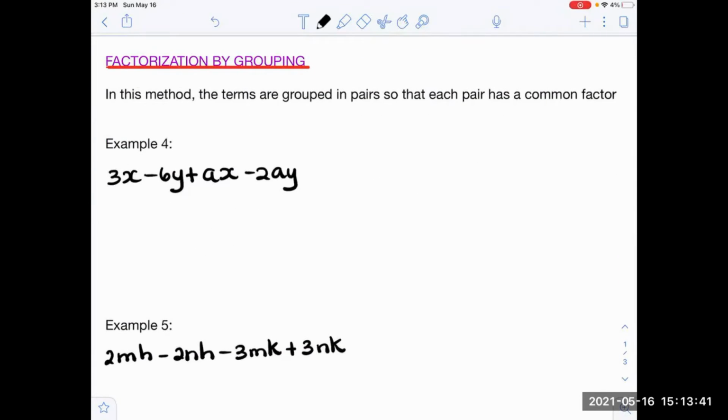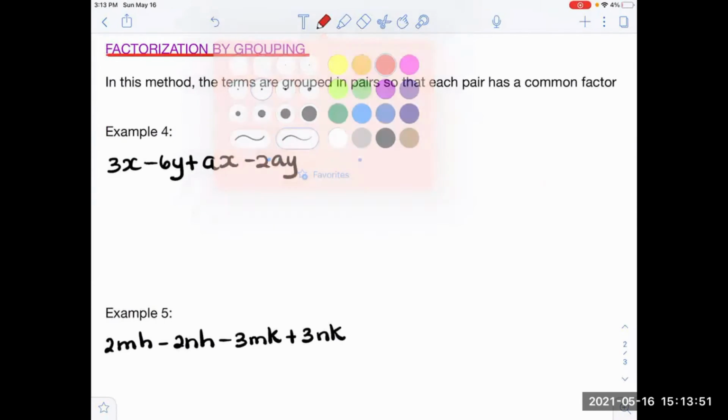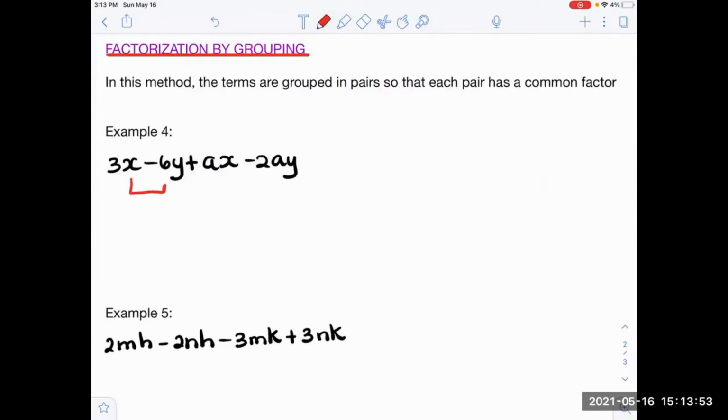Factorization by grouping. In this method, the terms are grouped in pairs so that each pair has a common factor. So we are going to group the terms in pairs. My first pair, 3x, 6y. 3 is a factor of 3, and it is also a factor of 6. 3 is the common factor because it appears in both terms.